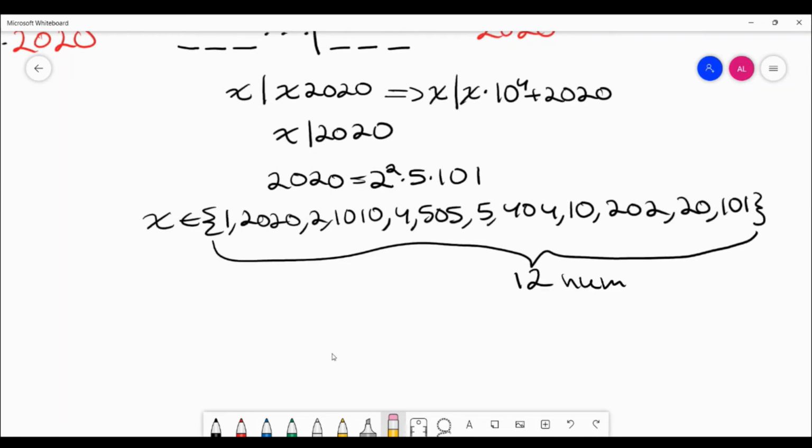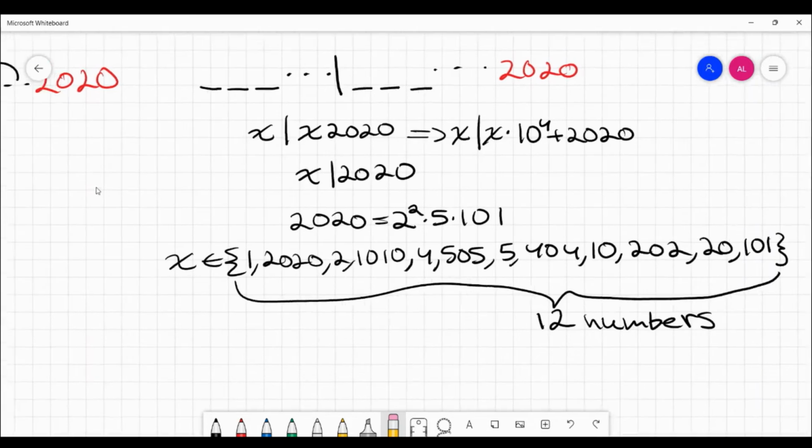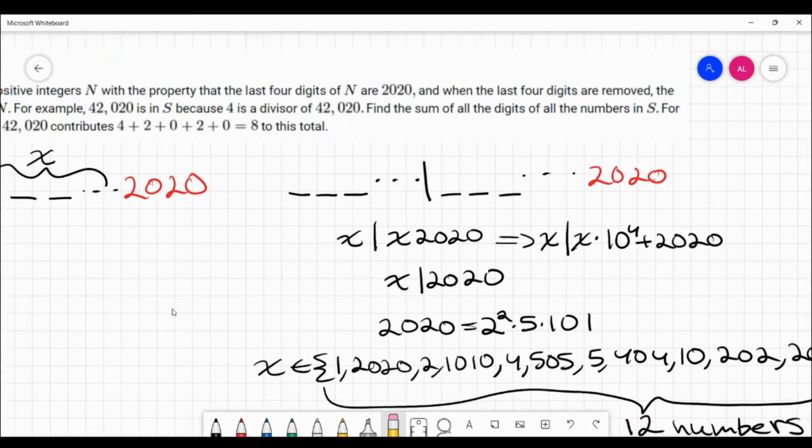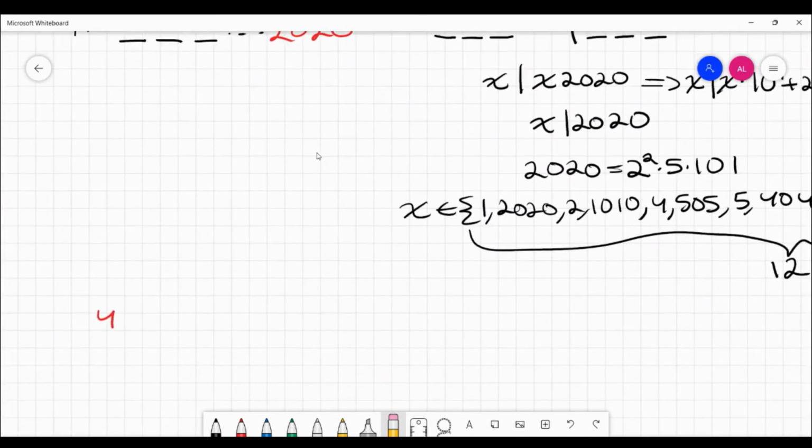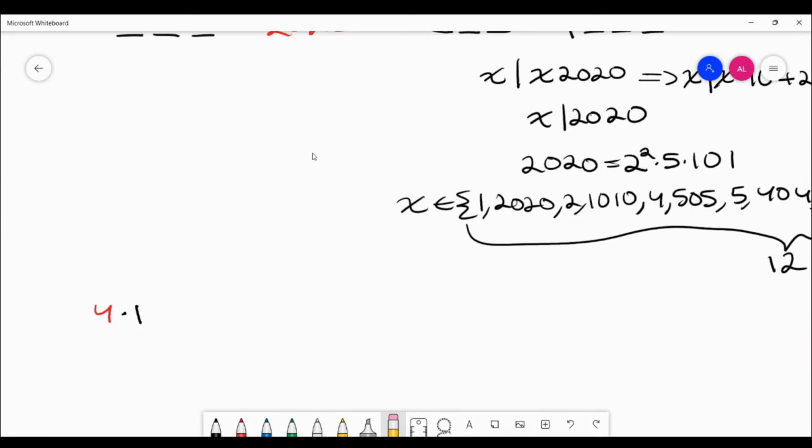So notice there are 12 numbers in here, which means that there are 12 2020 tails, and the sum of the digits of those 2020 tails is 4 for each 2020 tail times 12, because there are 12 numbers. And now we just sum all of the digits. So 1, this sum right here is 4, plus 2, this sum right here is 2, plus 4, this sum right here is 10, and so on.